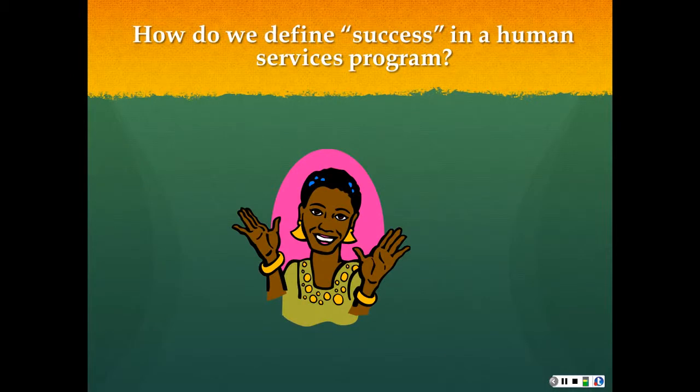First of all, how do we define success in a human services program? How do we know that our program has been successful? Some examples might be that a client enjoyed the service, that they liked the worker they were working with, that the program achieved its objectives, that the right number of people were provided with services and the right kinds of people, that clients acquired new skills and knowledge and then demonstrated and applied them, that the client's problems that they originally came in with have improved, or that the issues in the community that we serve have gotten better.